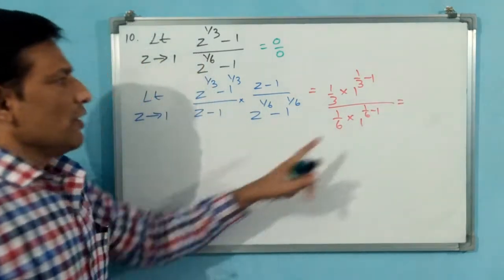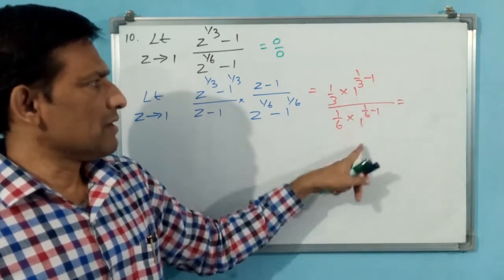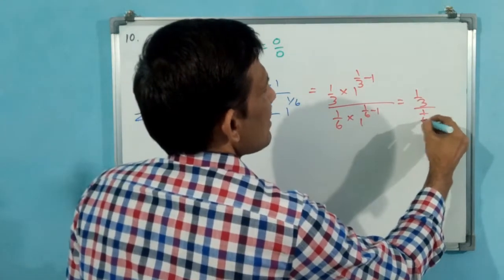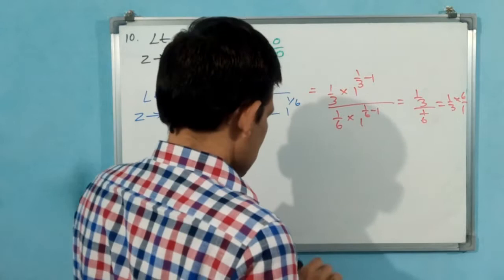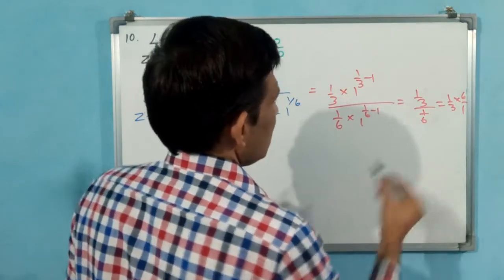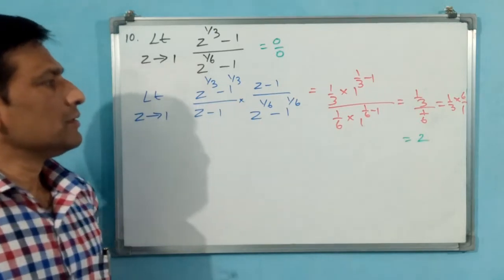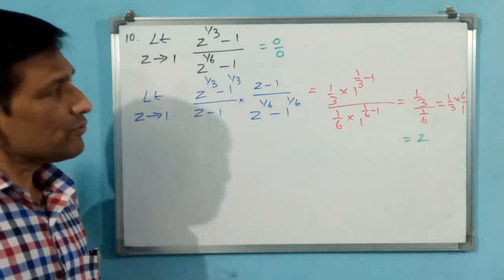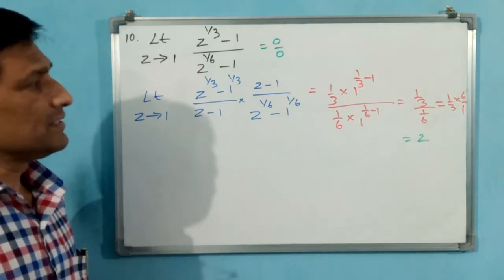You see, when multiplying with 1 power something, only 1 will come. So 1/3 by 1/6 you can write directly. 1/3 divided by 1/6 is equal to 1/3 into 6/1. The answer will be 2. 1/3 by 1/6 means 1/3 into 6/1. You can get this answer as 2.